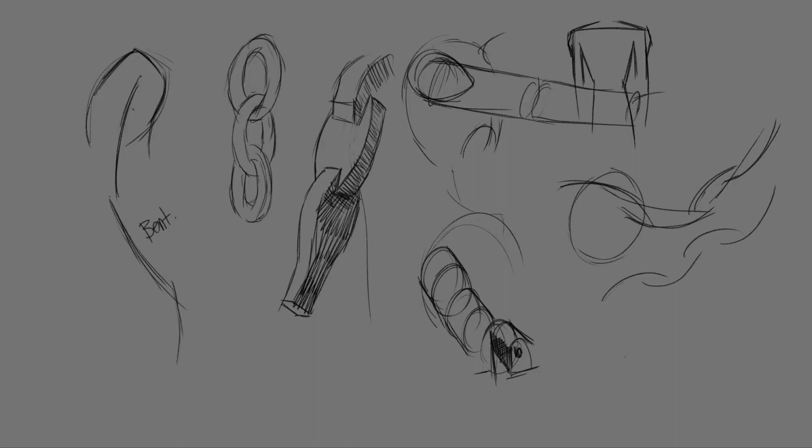And I think the last one that I have for you right now is that the wrist likes to be expressed as a square. So say we set up a gesture for an arm.